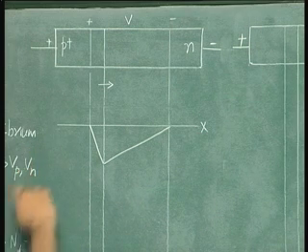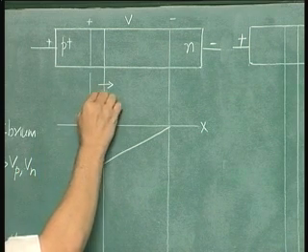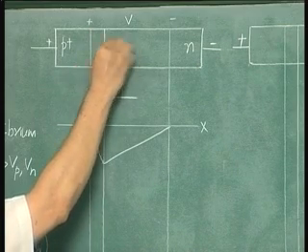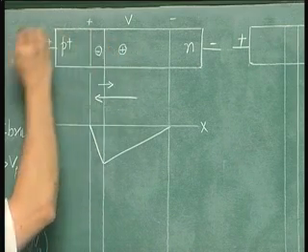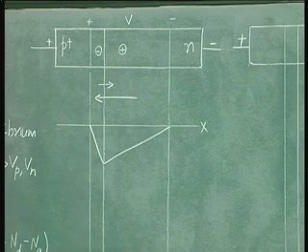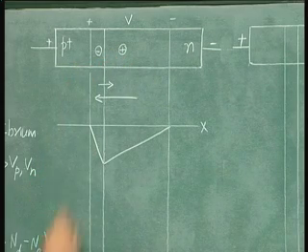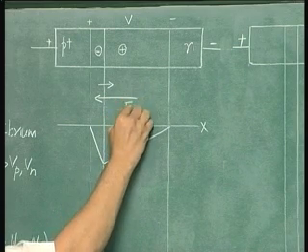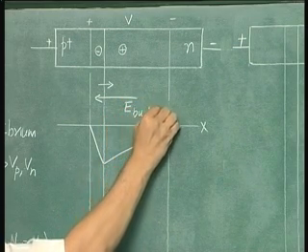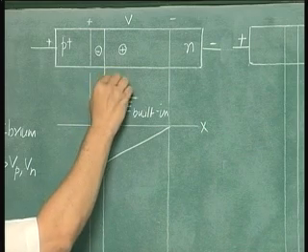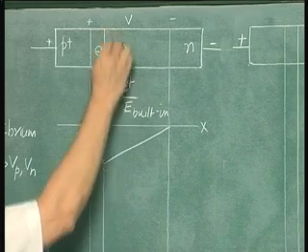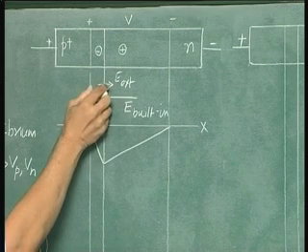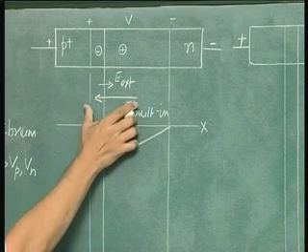That is a built-in electric field that is in the opposite direction, directed from N to P, because you have positively charged donors here and negatively charged acceptors here, which are causing the electric field. Now this is the built-in electric field, and this is the externally applied electric field because of the voltage. Notice that externally applied electric field has been shown by a shorter arrow as compared to the built-in electric field.